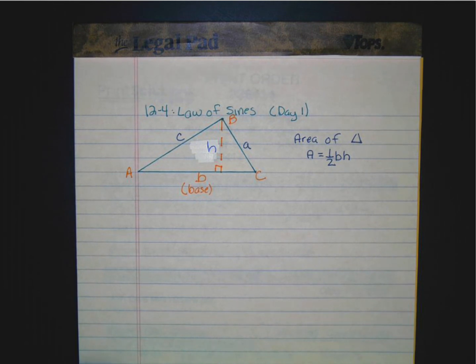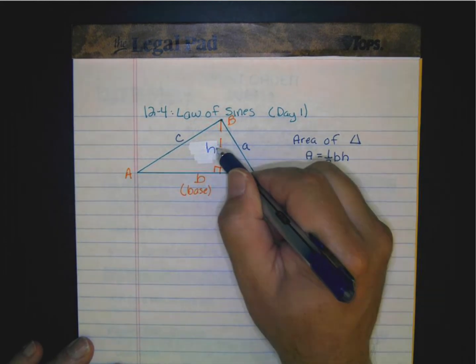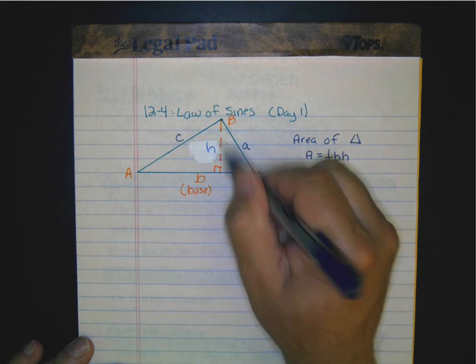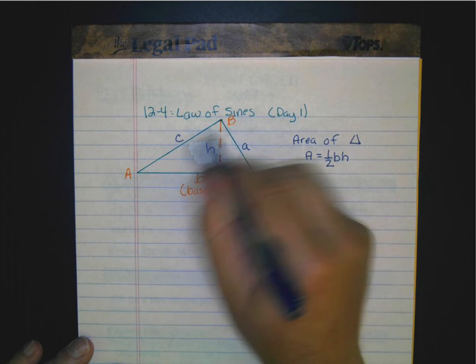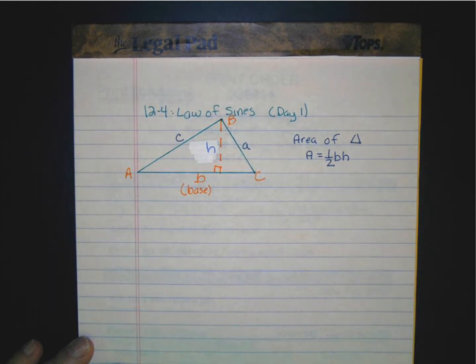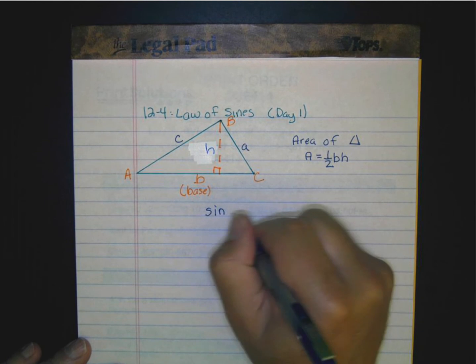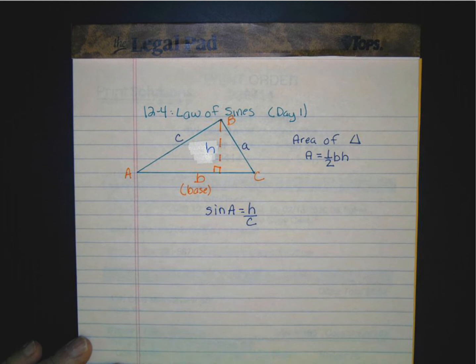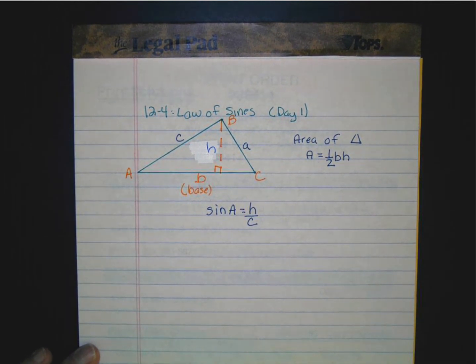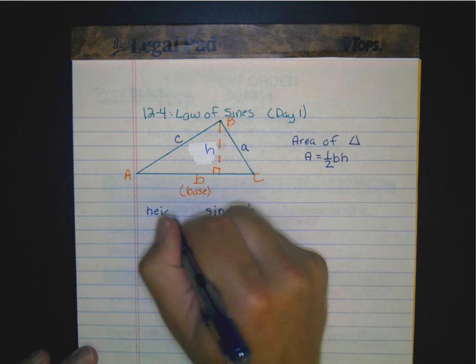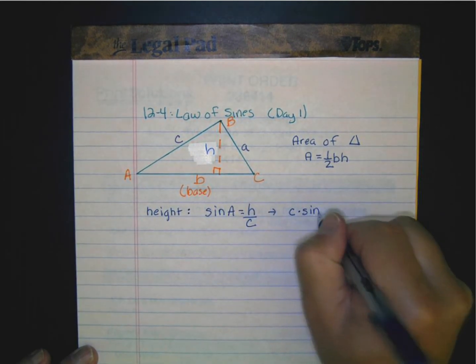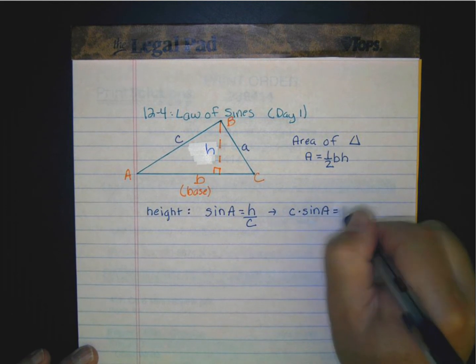Okay? So, if you look at this right here, I want H. H is this side opposite A, and we have our hypotenuse C. So if you use what we know, I know that the sine of angle A is the opposite H over C. And then to get H by itself, because this is my height, the height of the triangle, C times sine A would equal my height.